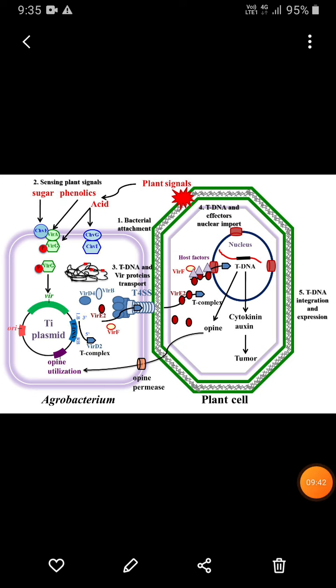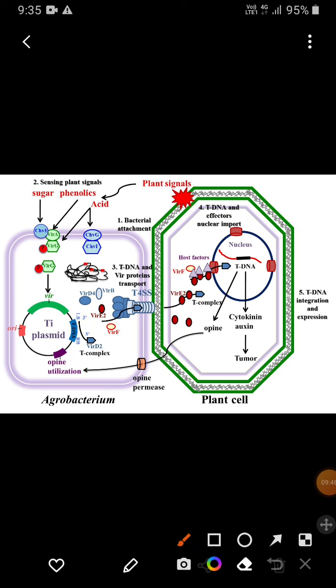By looking at the entire procedure, scientists thought they could use it as a gene transfer mechanism by simply removing the T-DNA, which is not good for the plant. With the help of recombinant DNA technology, we can delete the T-DNA from the Ti plasmid and insert our gene of interest, which is obviously good for the plant.